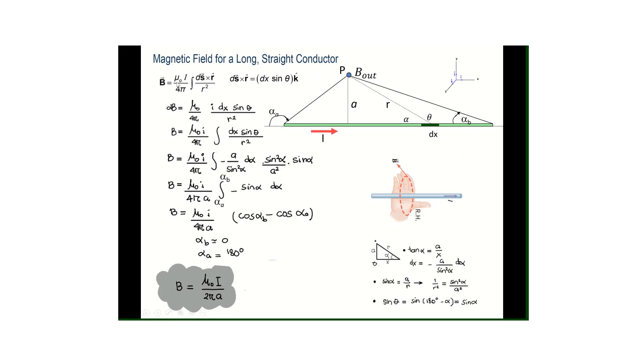So from the Biot-Savart Law, we can easily find the magnetic field at P from the straight conducting wire. Following this explanation, please try to understand by yourself. Finally, we can find the magnetic field of a straight conducting wire is equal to μ0I over 4πa times (cosine αb minus cosine αa).